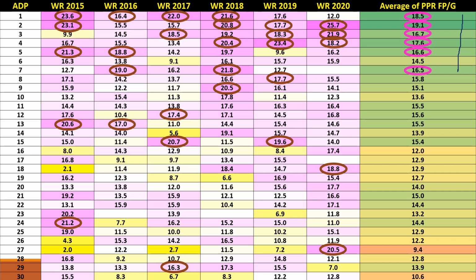I colorize the metrics here. Purple is high and yellow is low. And clear means injury or complete failure here. So you can look at last year, for instance, the top ADP was 12. I think that might have been Michael Thomas. He just didn't work out, injury, COVID.